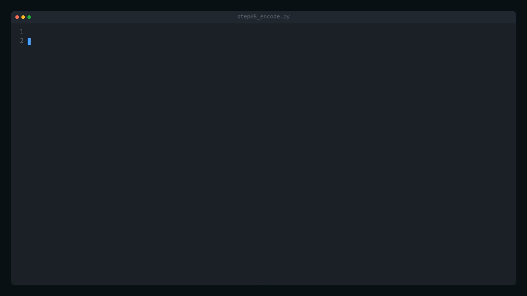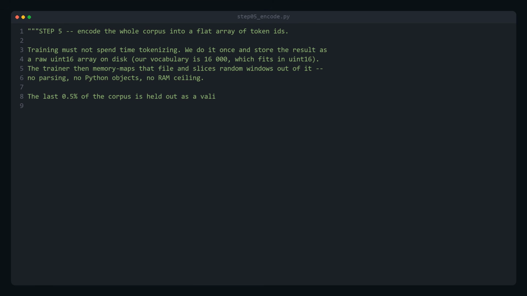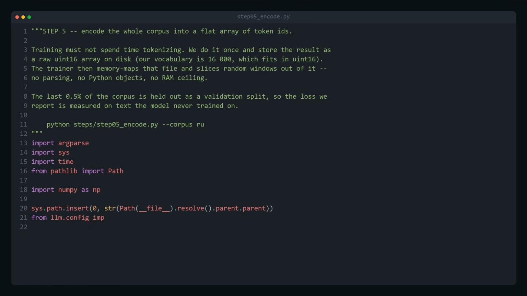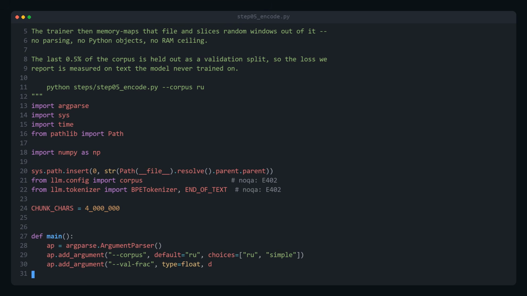During training, we must not waste time on tokenization, so we do it once. The whole corpus becomes a flat array of 16-bit numbers on disk. 16 bits is enough because our vocabulary is 16,000, well under 65,000. Training then simply memory maps that file and slices random windows out of it.